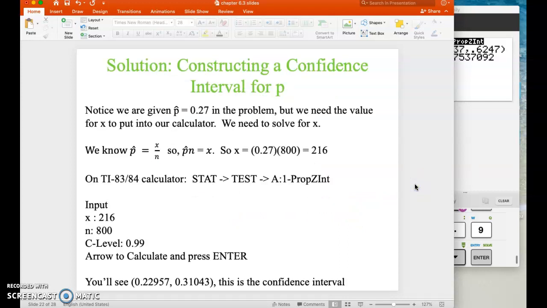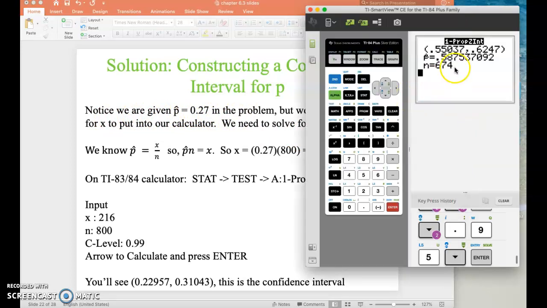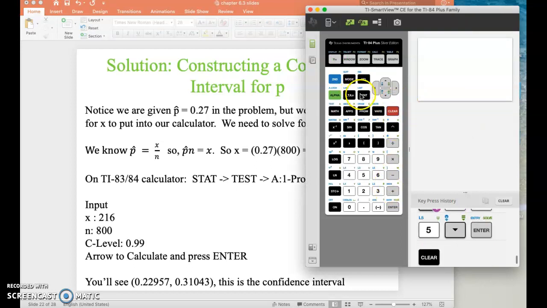Our next step is to calculate our confidence interval, and we'd like to use our calculator. But notice we are given p hat equals 0.27 in the problem. But in order to enter the information into my calculator, I need the value for x.